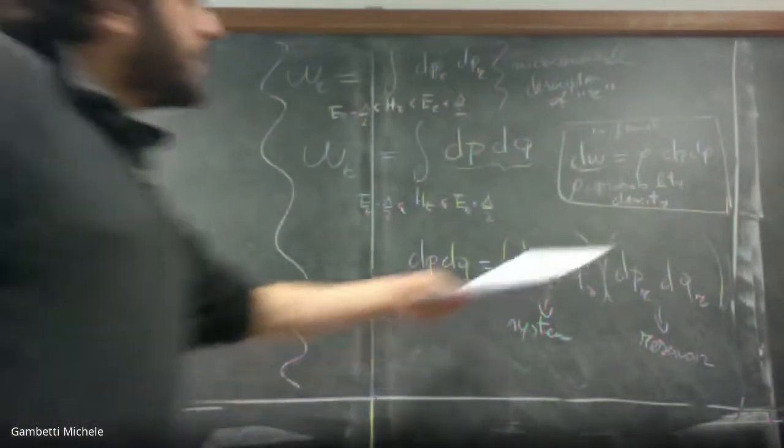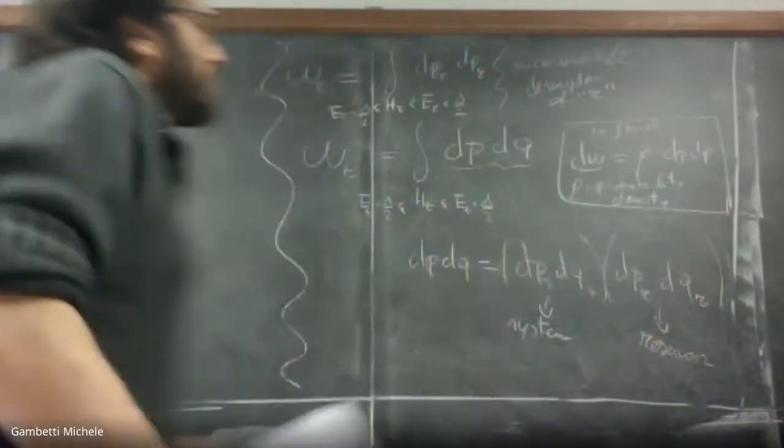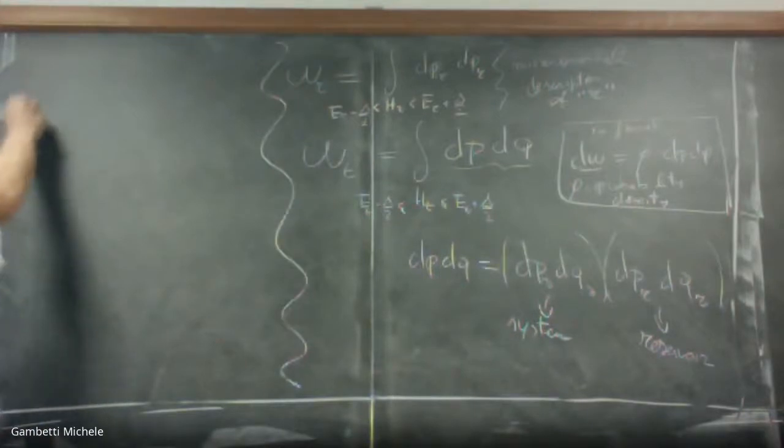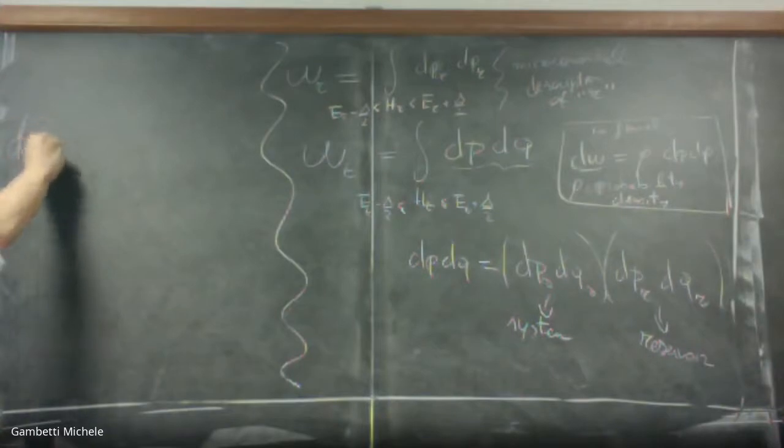So now we can do something like this in the case of the subsystem, and I will introduce a d omega_S in the following way.